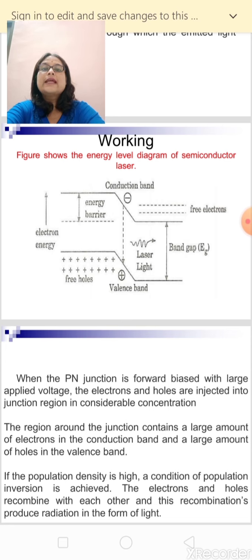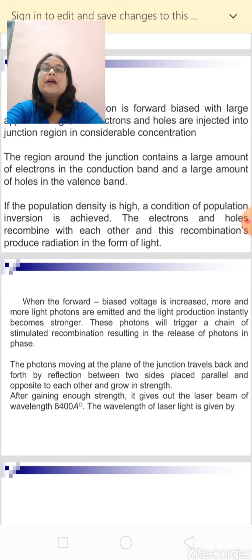When the forward bias voltage is increased, more and more photons are emitted and the light intensity becomes stronger. These photons will trigger a chain of stimulated recombination, resulting in the release of photons in phase.